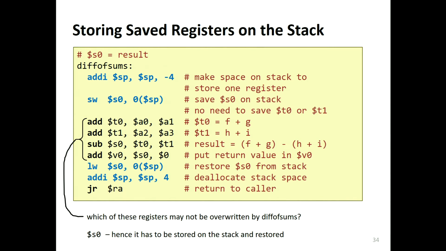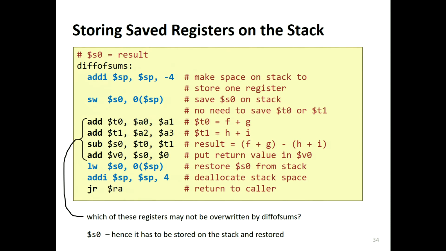At the end of this function, we restore it by reloading whatever is stored at the stack pointer with 0 offset back into the register S0, which we modified before. And now we deallocate the stack space to return the SP to its original value. And then we return back to the caller.